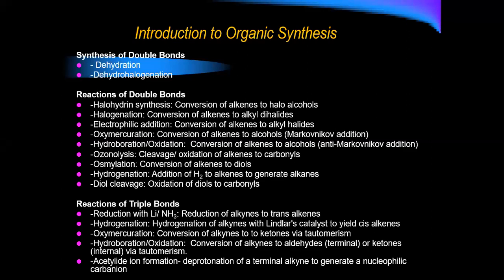And we talked about acetylide formation, right? Taking the triple bond and deprotonating it using a strong base, and then either reacting it with something that's primary to do substitution, or something that's secondary or tertiary to do elimination.